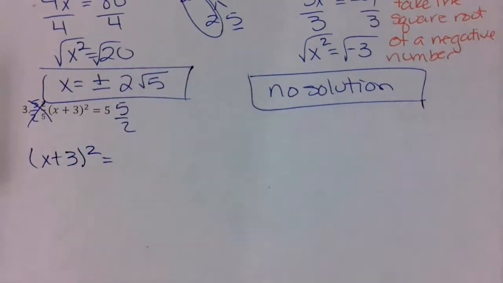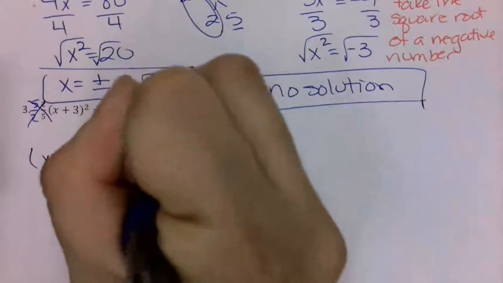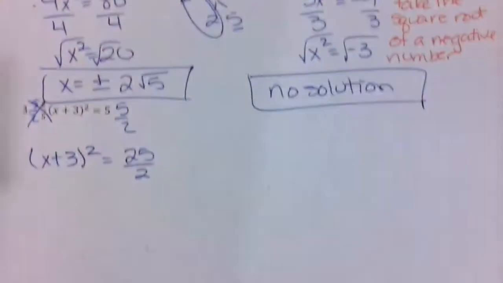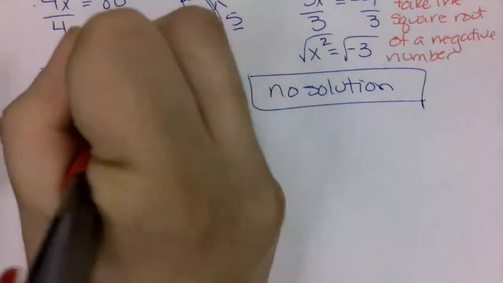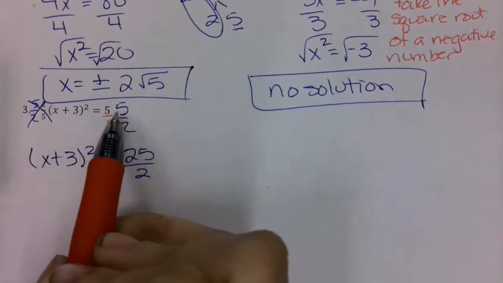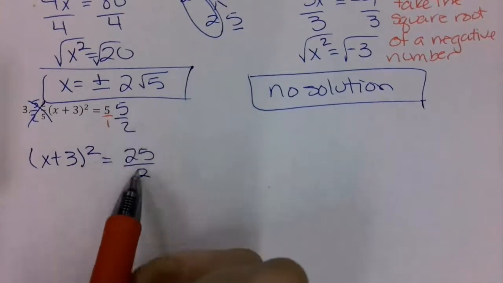What's 5 times 5 halves? 25 halves. Because this 5 is over a secret 1, and remember when you multiply fractions, you multiply straight across. So 5 times 5 gives me 25, and 1 times 2 gave me the 2.